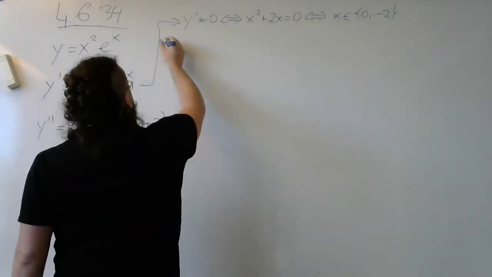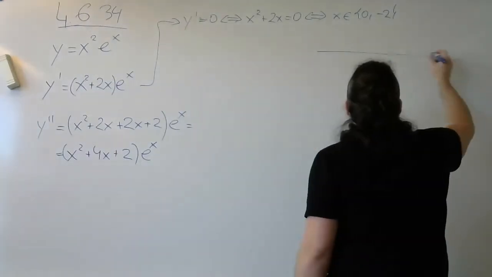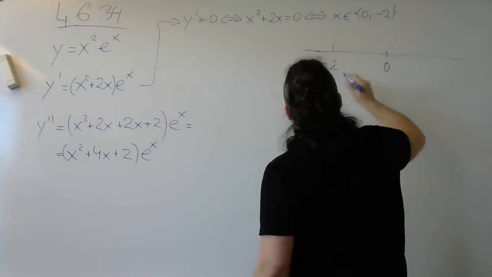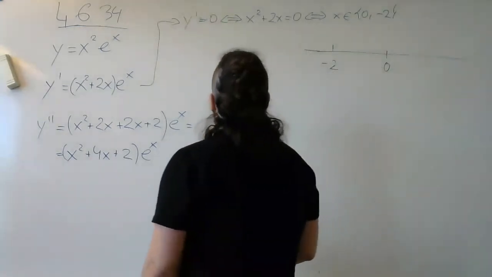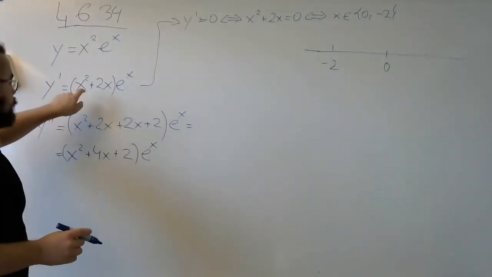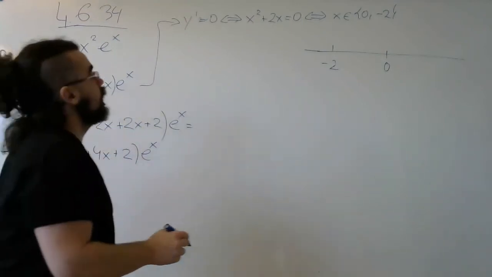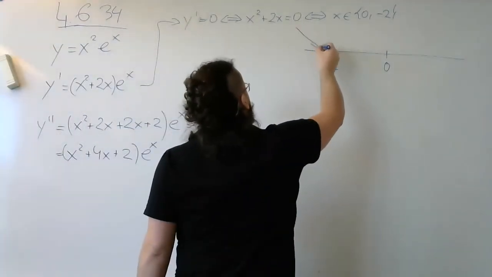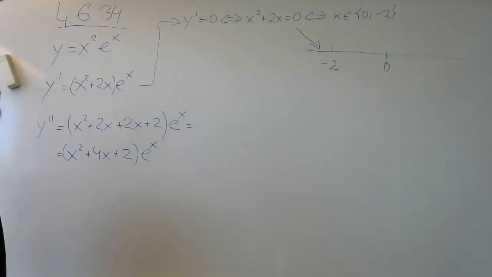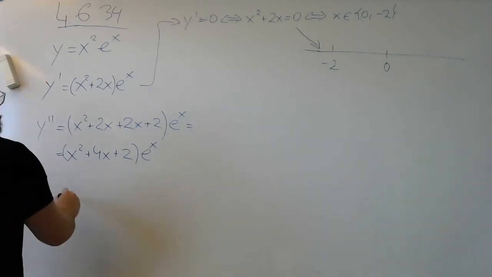Now, let's examine the signs this way. If x is smaller than -2, this is negative, this is negative. If x is between -2 and 0, what happens if this is between -2 and 0? Let's take x equal -1.